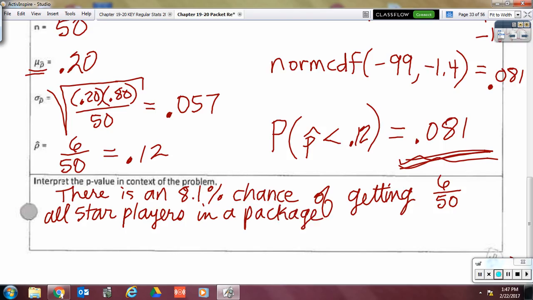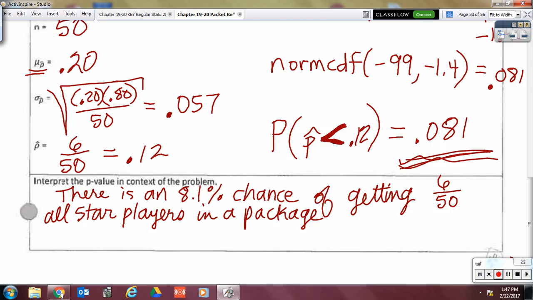Now, which way would be more extreme, by the way? Getting a bigger sample or a lower sample? What would be more extreme? How do you know lower? Yeah, nobody's going to complain if you get more players, but they're going to complain if you get less. It will always coincide with this.